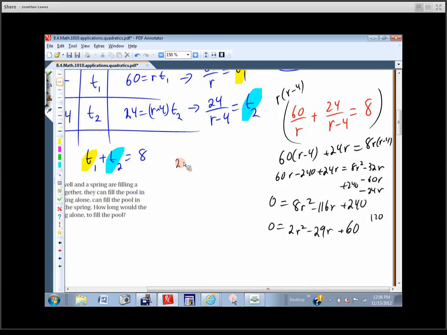So you'd have 29 plus or minus the square root of 29 squared minus 4 times 2 times, good thing we got these numbers right now, okay, all over 2a, so 4. And you could type that into your calculator. It may be that the one with the plus gives you the correct answer. It may be the one with the minus does. Let's go ahead and factor this. Let's see.